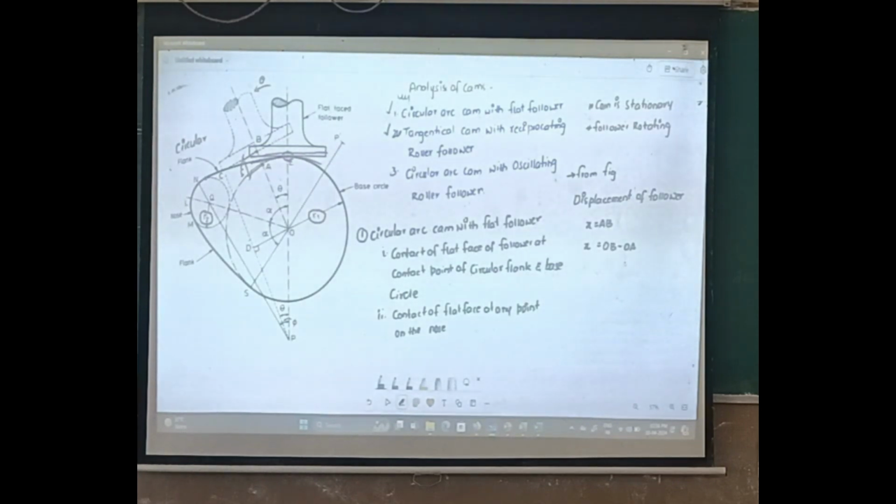Okay, for analysis, if you draw a line from the point O, it intersects the line drawn from the point of contact of the flat face follower and the circular flank. Okay, so here what is this C?